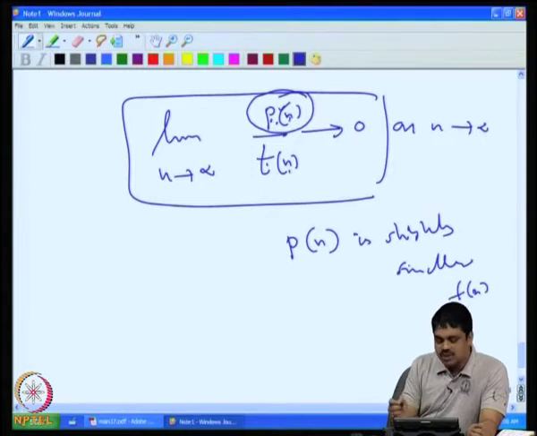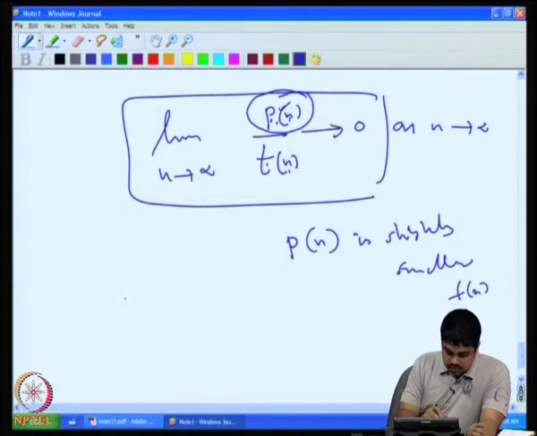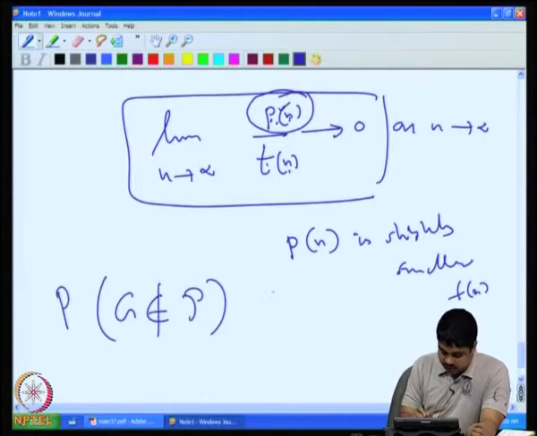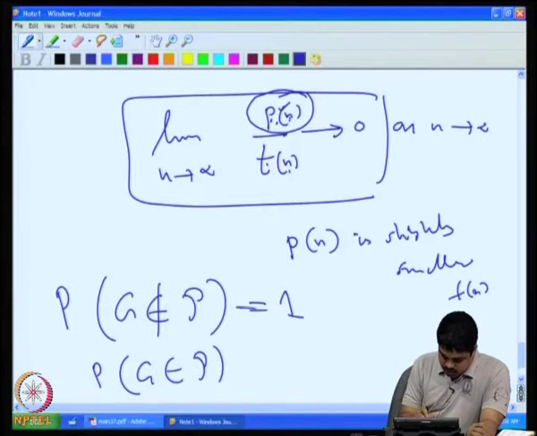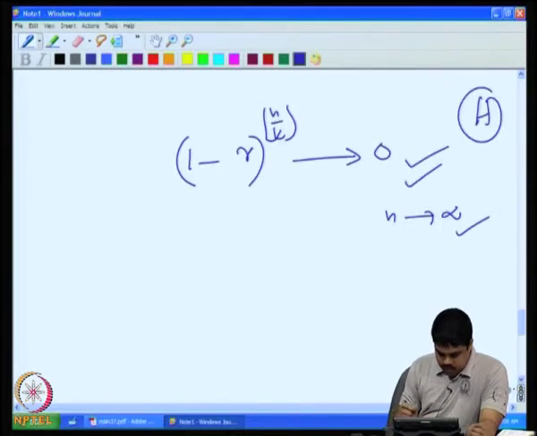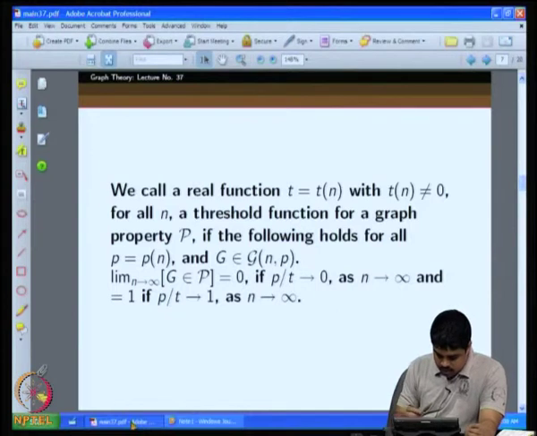So, it is a little below the threshold. If this happens, our property should not be there. So, that means G should not belong to this thing with high probability. The probability that G does not belong to P should tend to 1, as n tends to infinity. This is what we want.